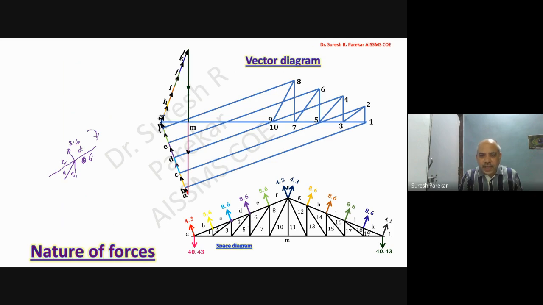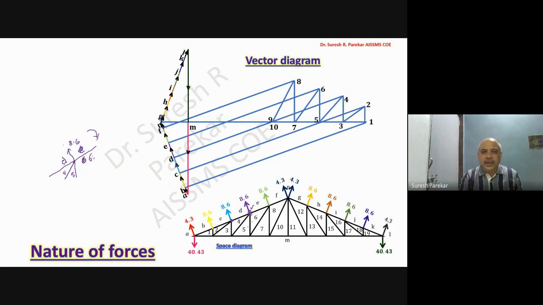So I will take this as D and then I will take this as E. Though I have shown this joint, I have considered this portion. So we will go for this joint. So D to E, upward.